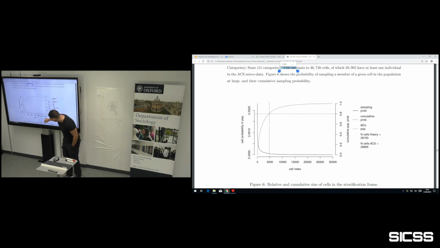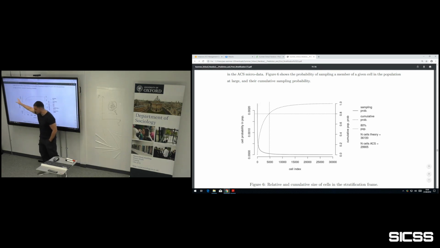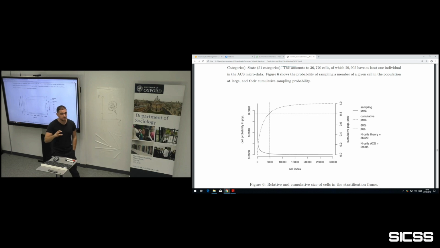So some of these cells around the 30,000 index are going to have one person in them, literally. In fact, at 30,000, there is one person out of 3 million that belongs to that particular voter category. Whereas some of the cells on top have like 300, 1,000 people, and so on and so forth. On the y-axis is the cell probability in the population.